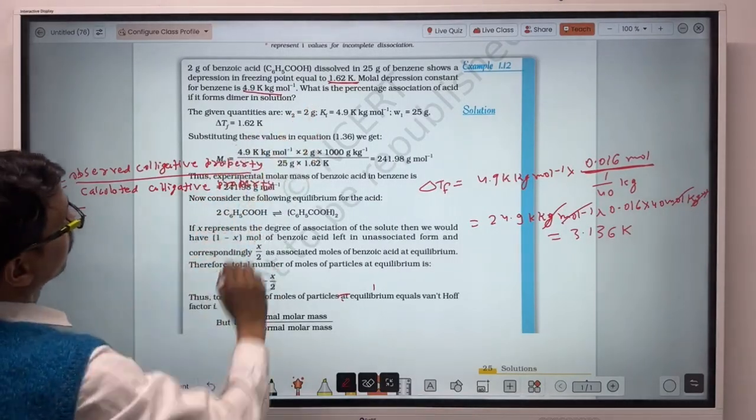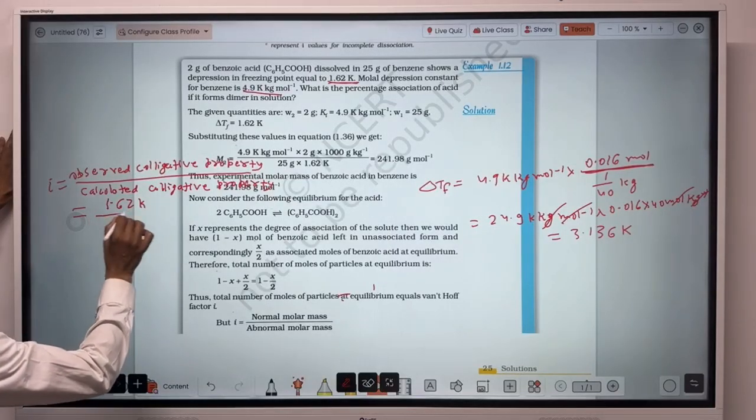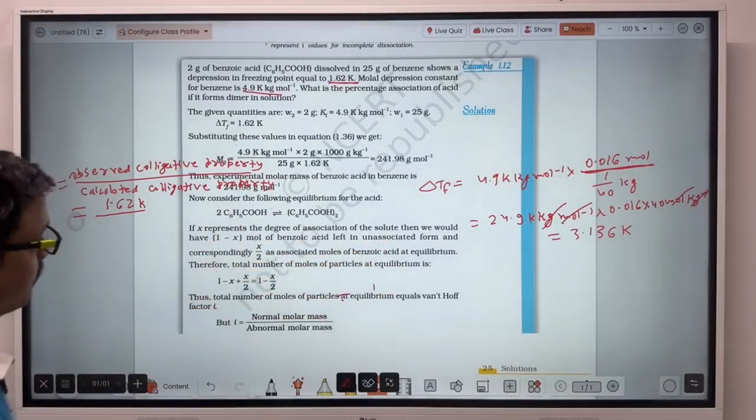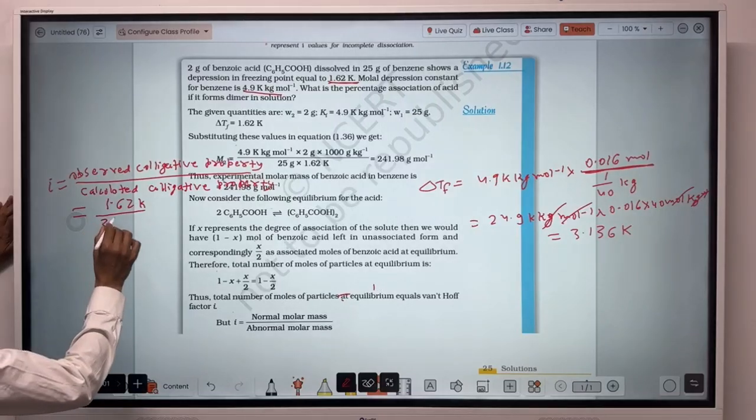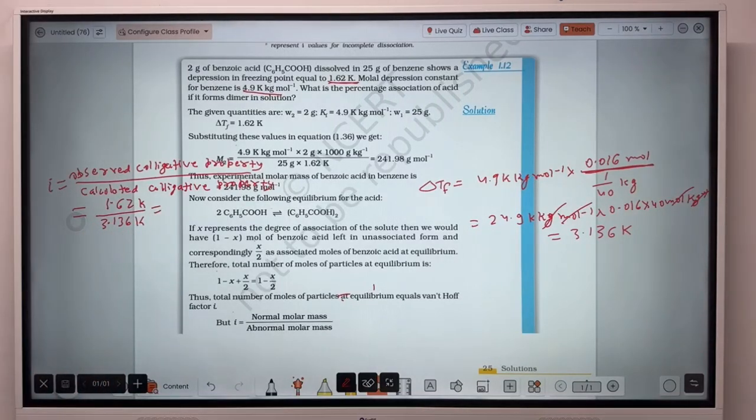Observed is 1.62 Kelvin, and you have calculated 3.136 Kelvin. So how much is coming? Calculate. The observed colligative property is 1.62 and the calculated colligative property is 3.136.